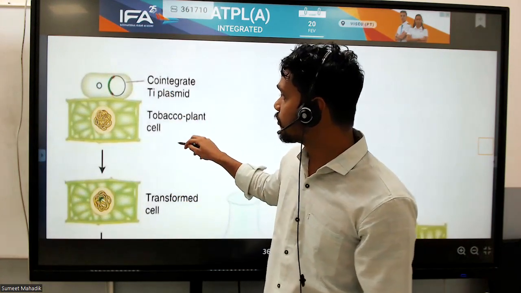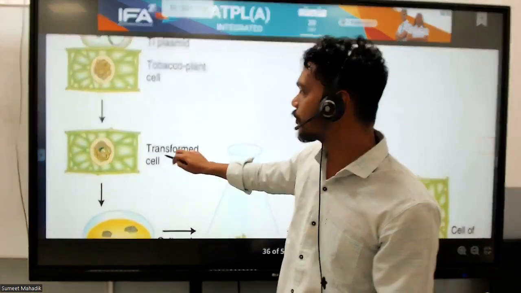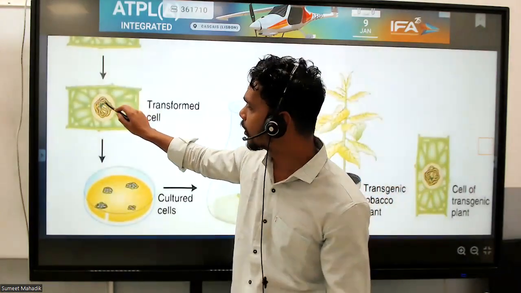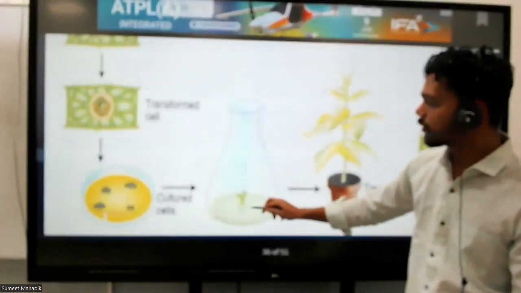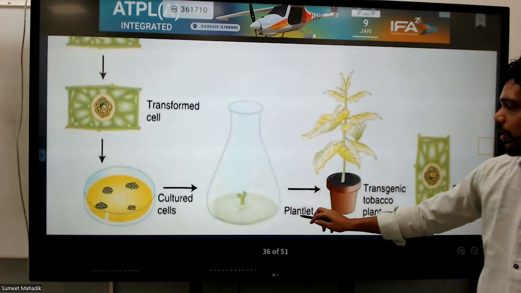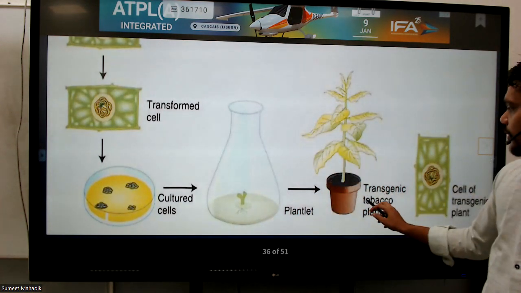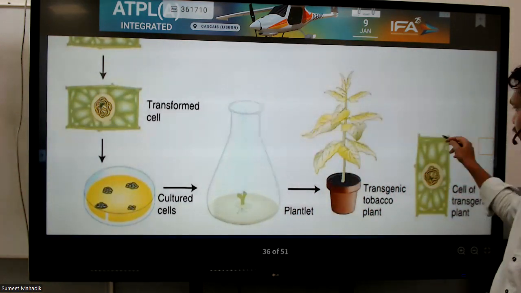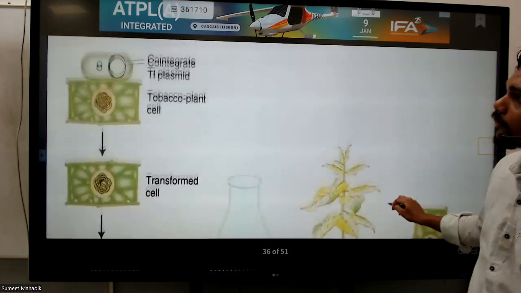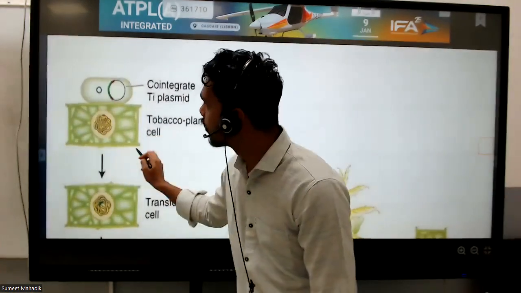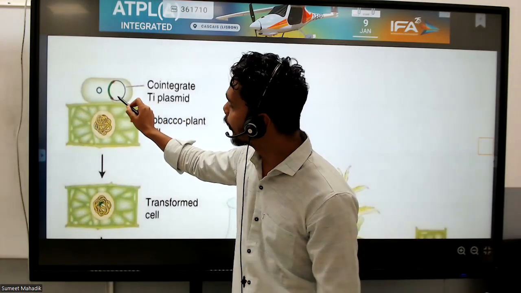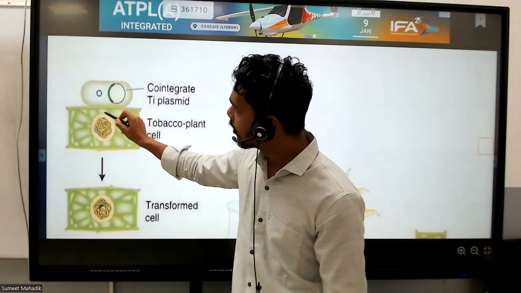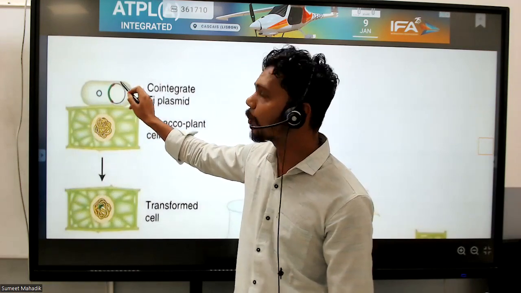So we take the tobacco plant cell and transfer the cell into what? Which part can you take? The nucleus is taken and cultured, and we get a new plant. Now this plantlet is a transgenic tobacco plant. Can you see the cell wall? The Ti plasmid is introduced with the recombinant DNA here.